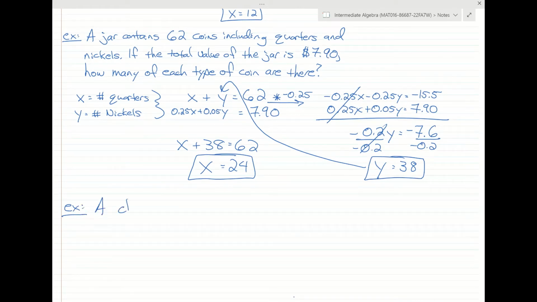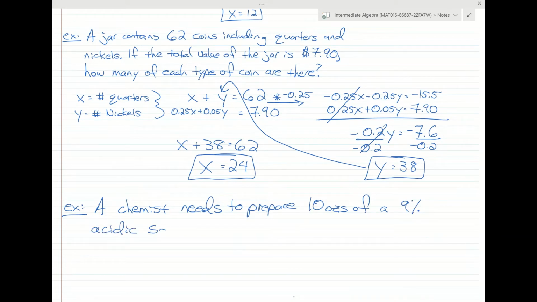A chemist needs to prepare 10 ounces of a 9% acidic solution.